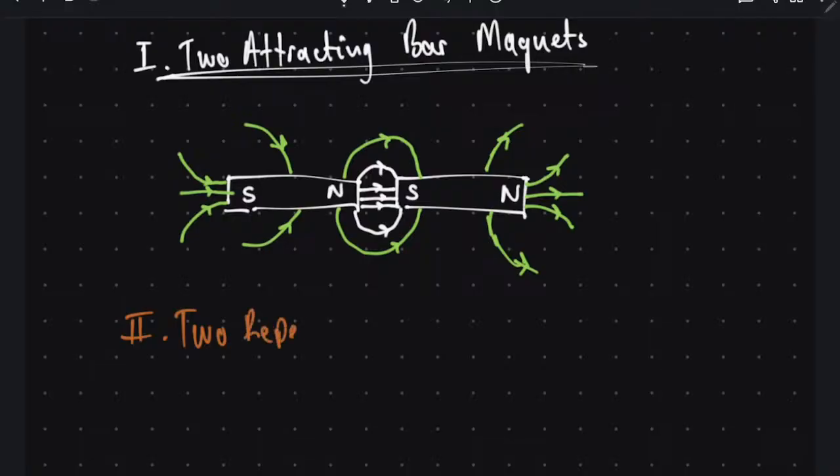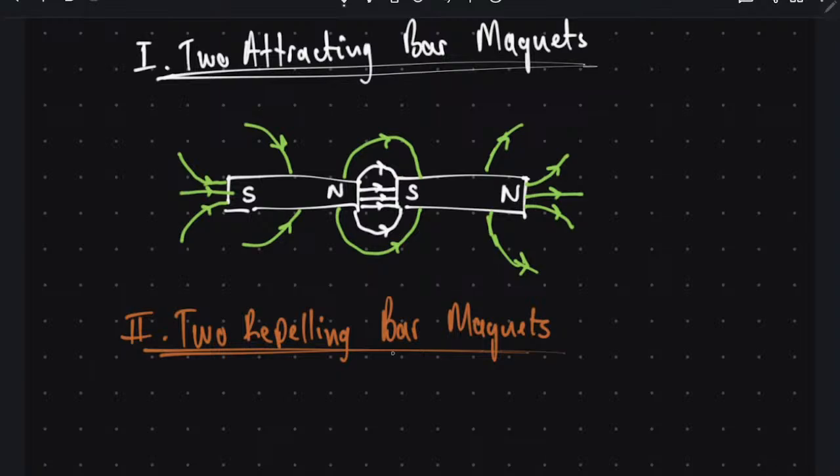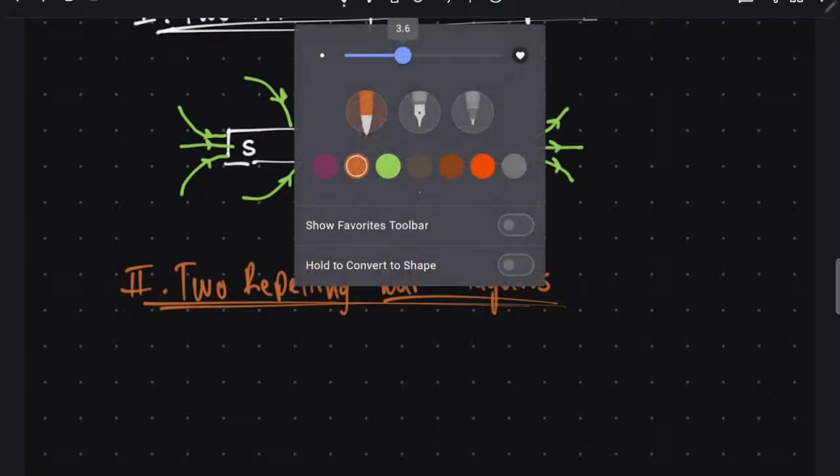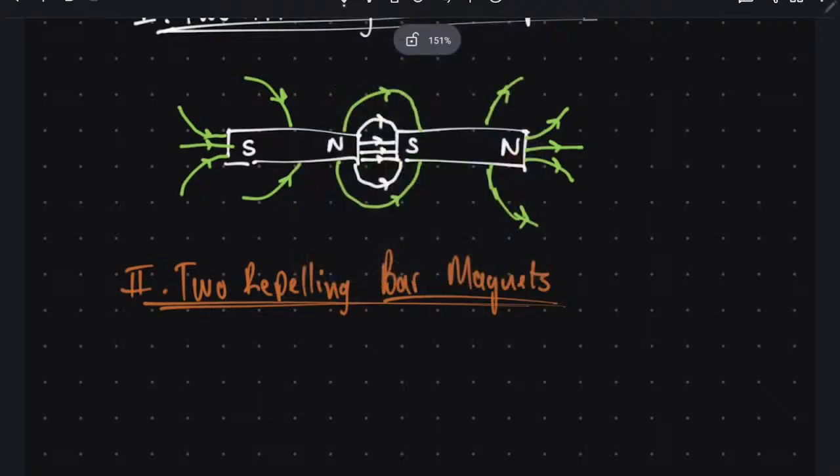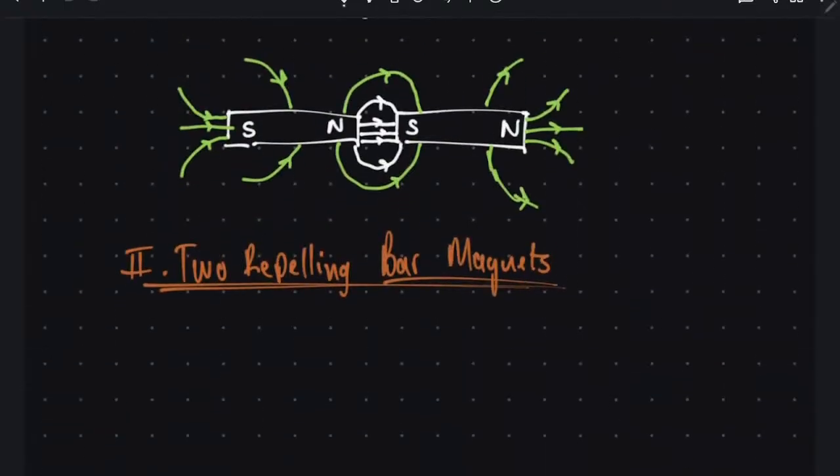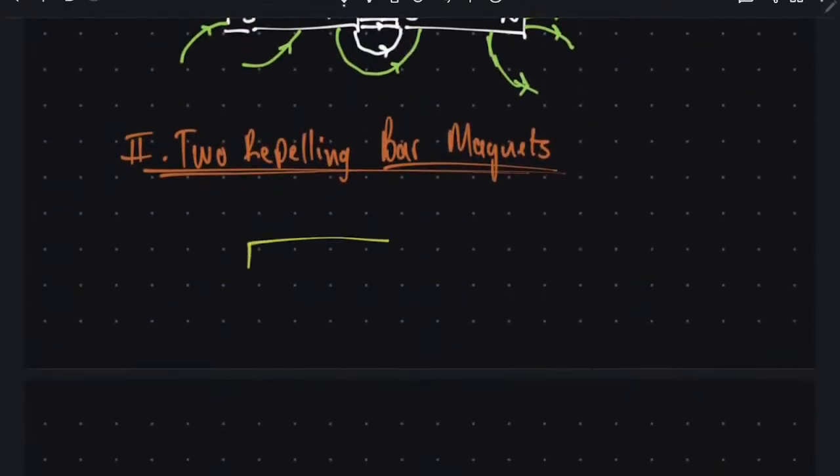Now, here's how you draw field lines between two repelling bar magnets. You now need to draw field lines between two bar magnets that are repelling each other. They don't like each other. Now, why are they repelling each other? Because you brought the same poles together. And magnetism has a rule that says like poles repel.